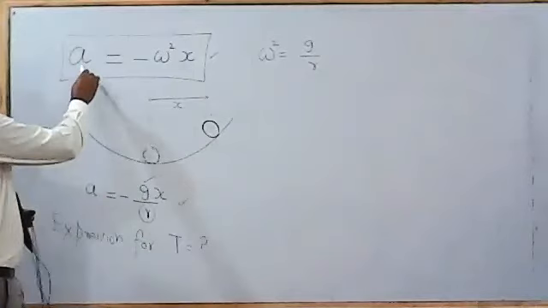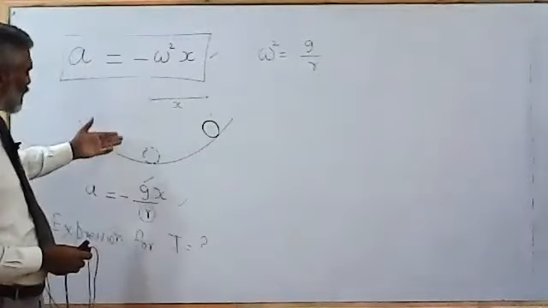This minus sign is also here in this equation. X is also playing the same role in the two equations. So what can be inferred from this comparison is that omega square must be g over r for this particular system of oscillations.